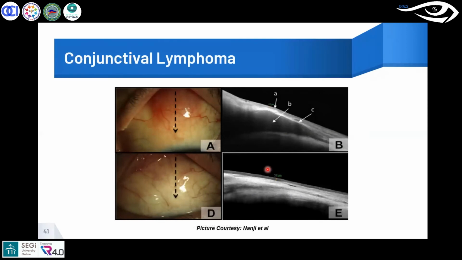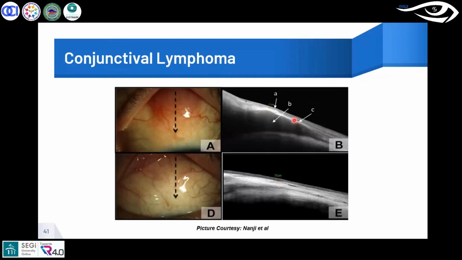In the case of conjunctival lymphoma, you have a normal epithelium, or sometimes it might be hyperreflective. Here it is a normal epithelium, but if you look at the affected portion, which is the lymphoma, the conjunctival lymphoma is present here, but it is surrounded by a hyperreflective layer, which is uninvolved tissue.